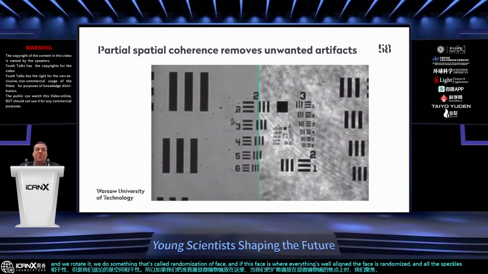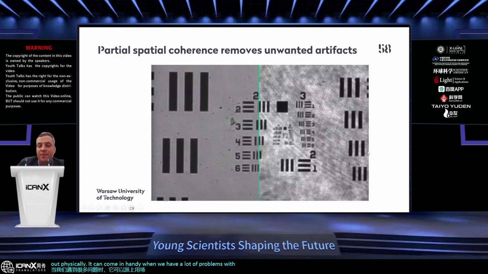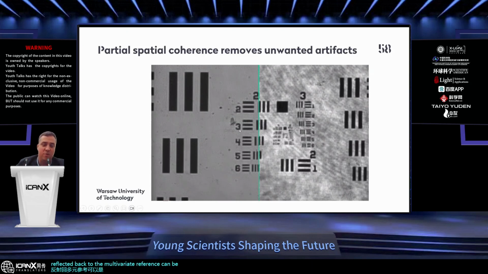It can come in handy when we have a lot of problems with different artifacts. I mean fringe patterns coming from, for example, the Fizeau effect, where our plate has a front and a back end, and the interference between multiple beams reflected back can be removed. Of course, the general average intensity will be lower because of the averaging.